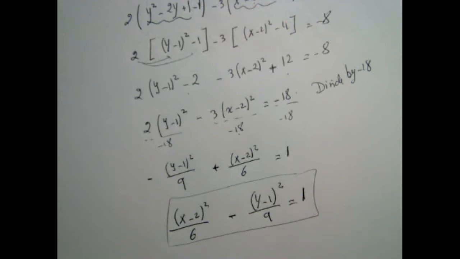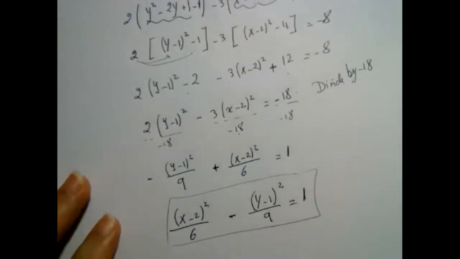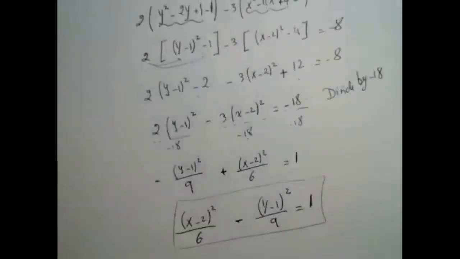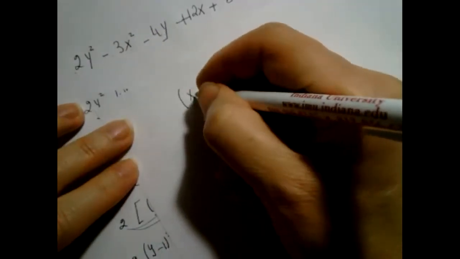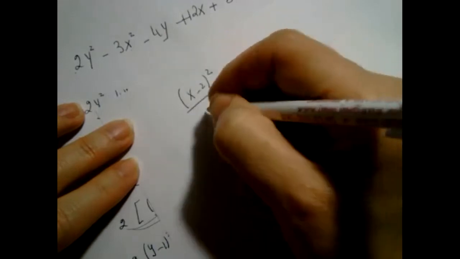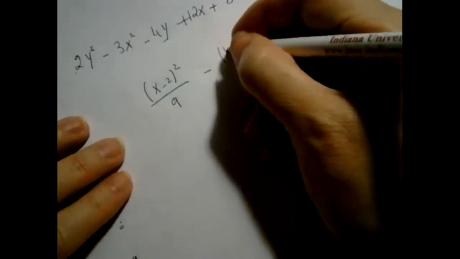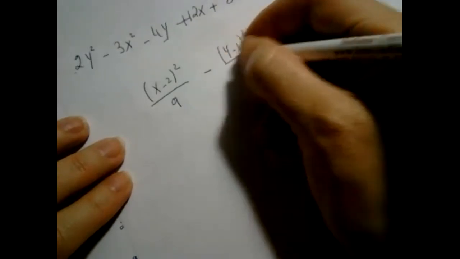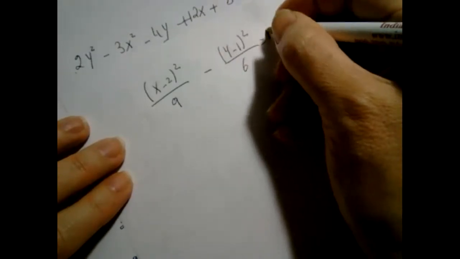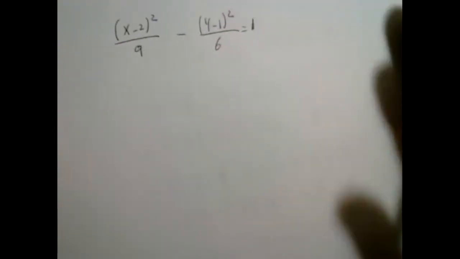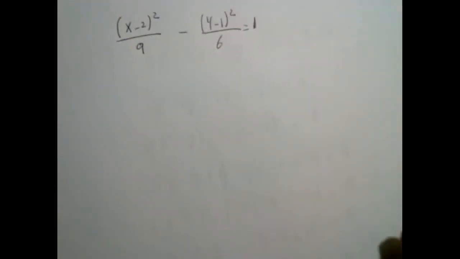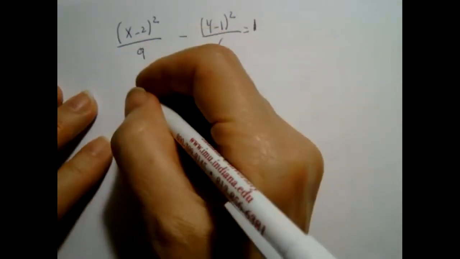Question before we finalize it. Okay, so this is my hyperbola now. So my hyperbola is x minus 2 squared over 9 minus y minus 1 squared over 6 equal to 1. Okay, so that's really what I have. Wasn't it the other way around?